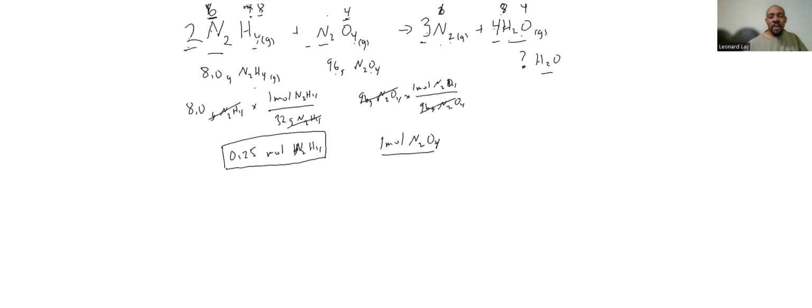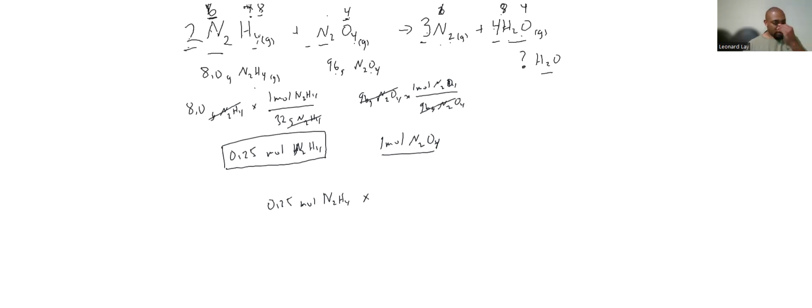And now all we have to do is say, well, how many moles of water will be generated if we use up all of the hydrazine? So let's look at the ratio. We know that we have 0.25 moles of hydrazine.